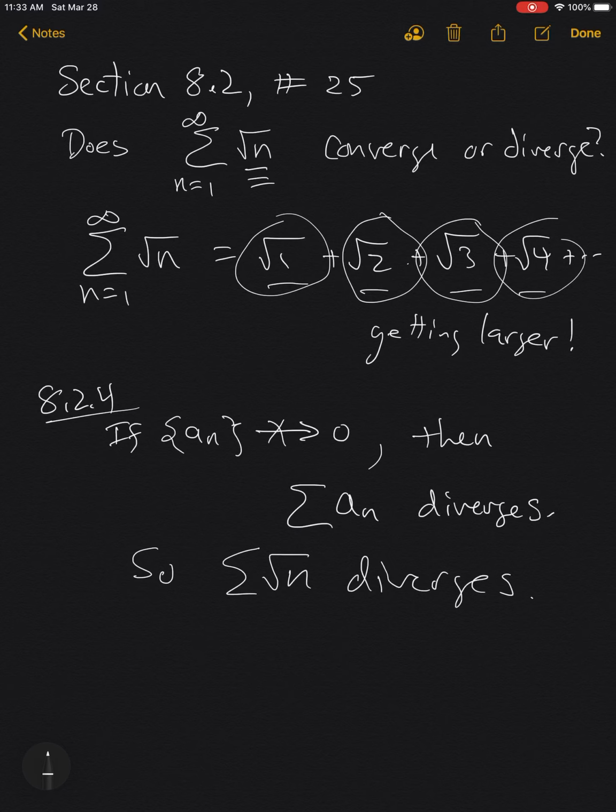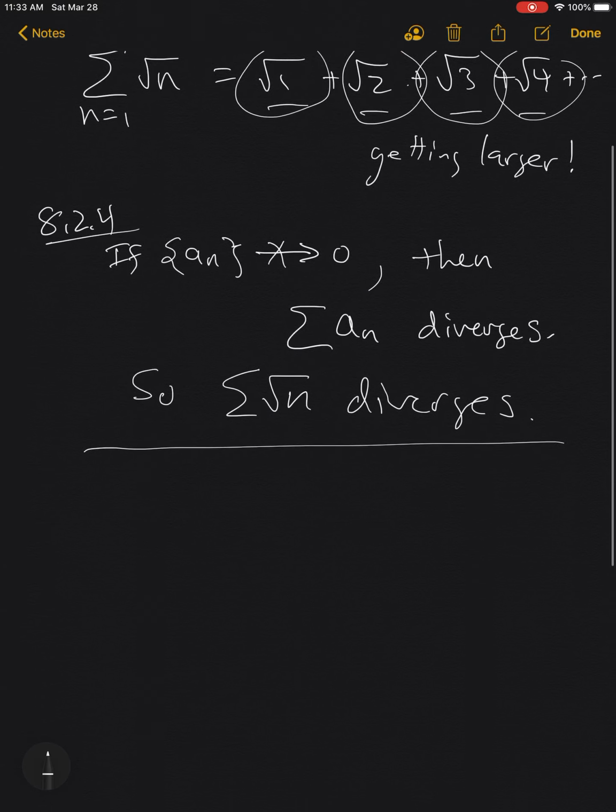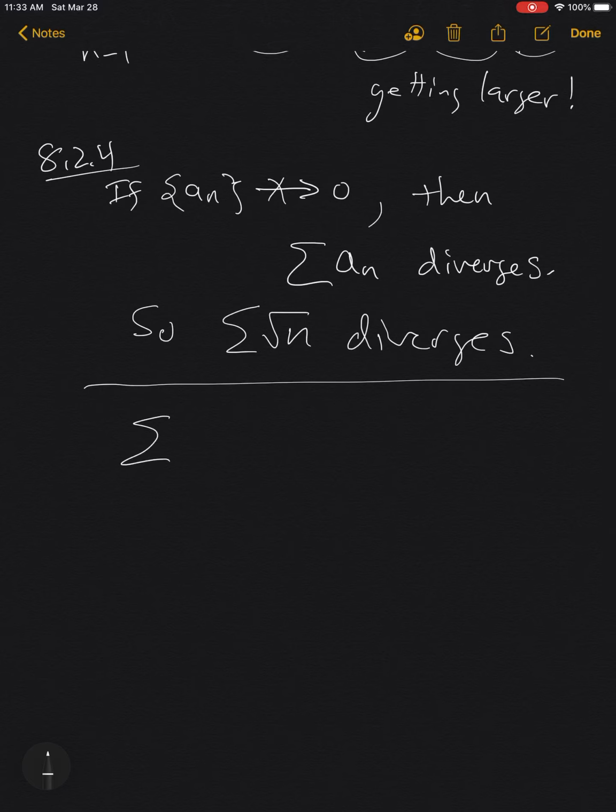We could also view our series here as a p-series. It's another possibility. So the second possible approach is to view the square root of n, which is a little bit odd, but we could write this as 1 over n to the minus 1/2.